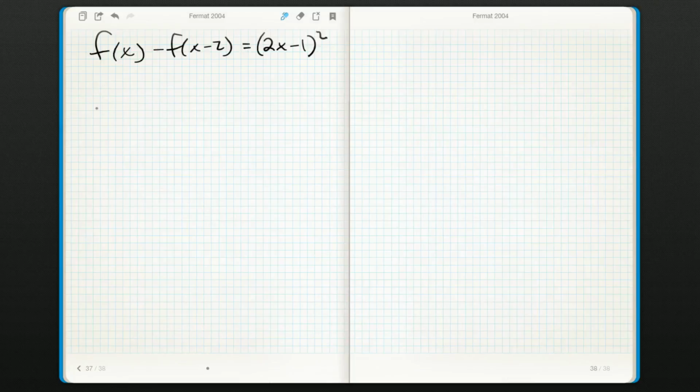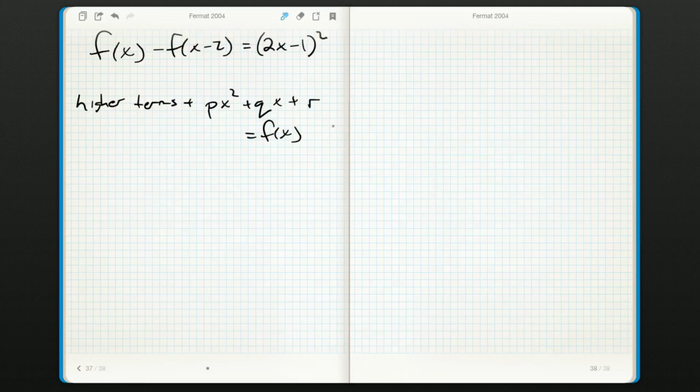So f looks like some higher terms, then plus px squared plus qx plus some constant, let's call it r, for no reason other than to continue on with the alphabet. So this has got to be equal to f of x. We might need to worry about what these higher terms are. We might have to do my suggested plan of just pretending it's a cubic. I'm fairly certain we can find a cubic that'll do this.